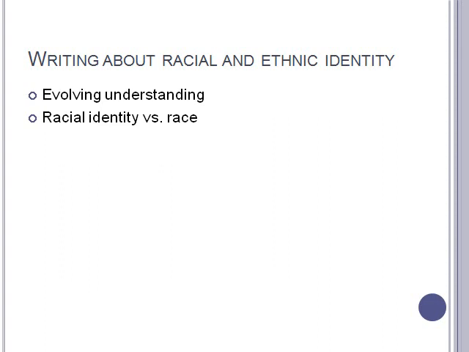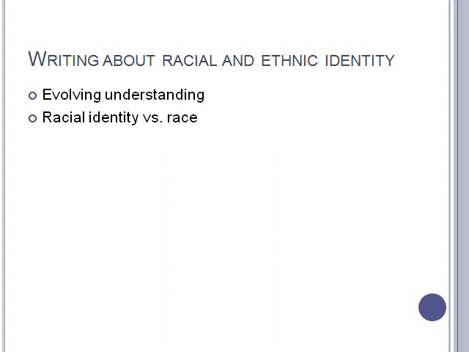In terms of what terms to use broadly, think about racial identity, ethnic identity, versus race. Different authors differ in their use of racial identity or ethnic identity, and sometimes there's a meaningful difference in these two terms. They are different terms, and one could be broader than the other depending on the context.